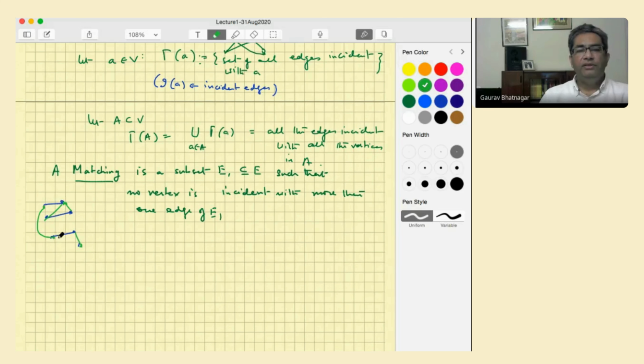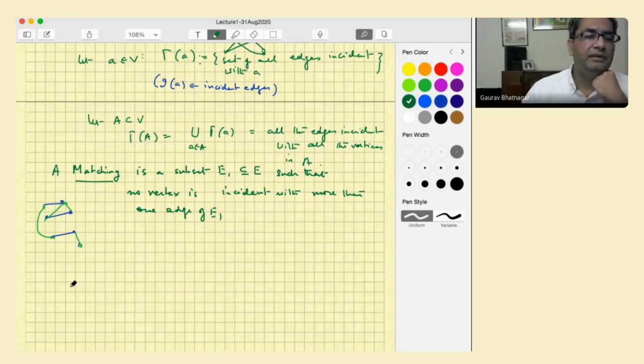Each vertex is incident with no more than one edge in the matching. Okay, so you can't have this edge, for example, in the matching because this vertex would be incident with too many.